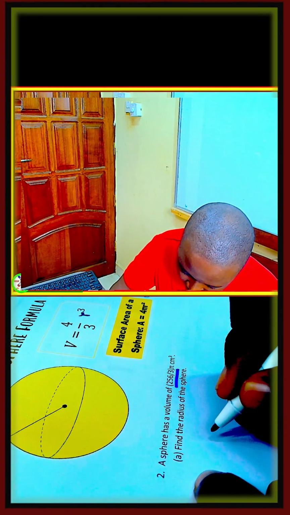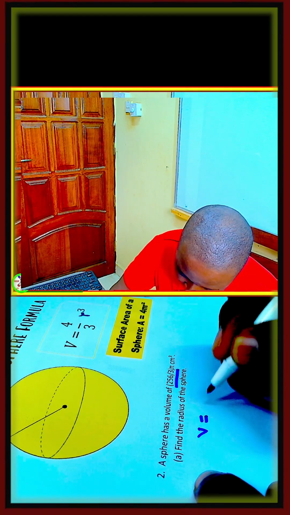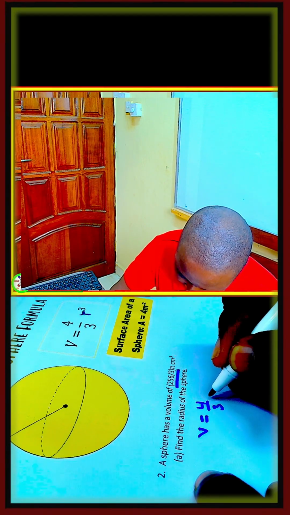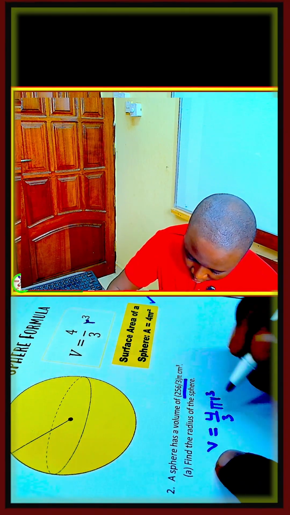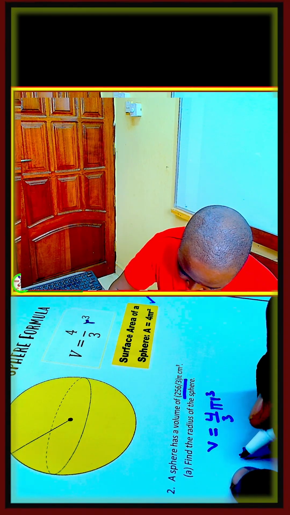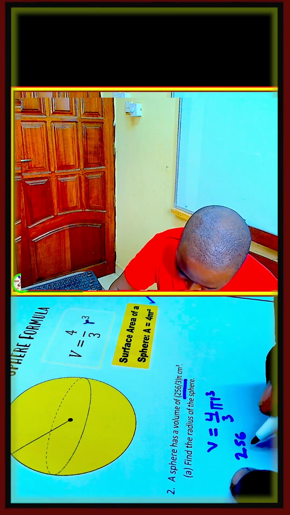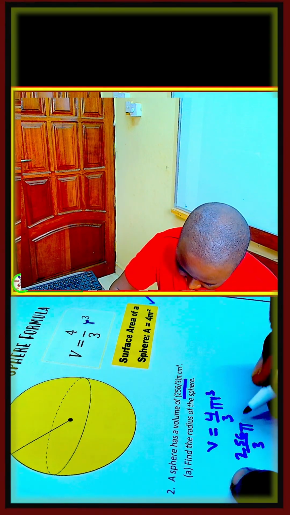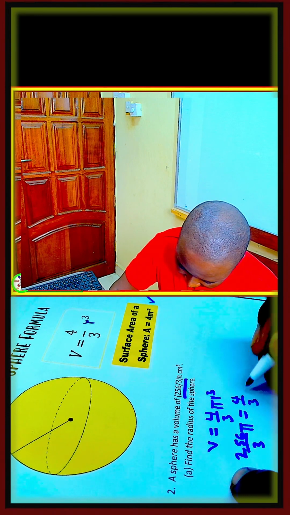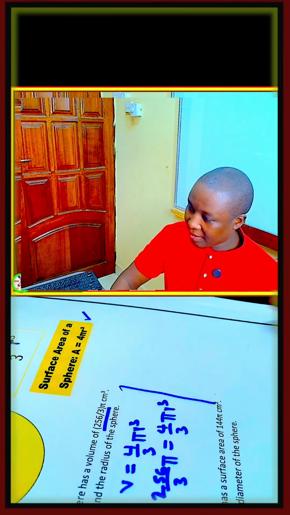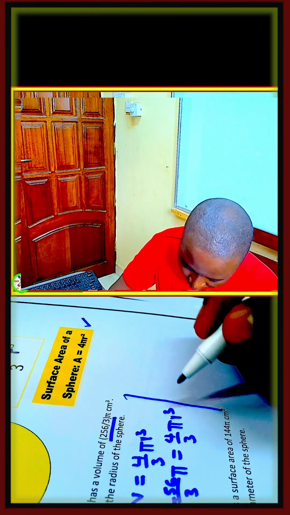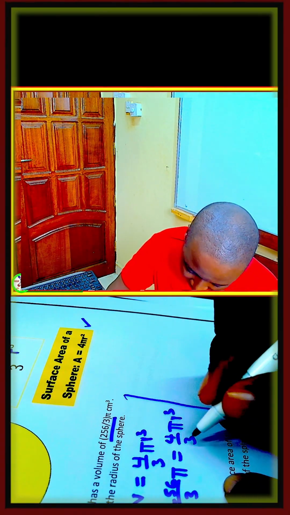How do we find the radius when you are given the volume? First we are going to write the formula for volume, which is 4 over 3 pi r cubed. In this case, we are going to substitute what we are given, which is 256 over 3 pi equal to 4 over 3 pi r cubed. So in order to find the radius, we are going to divide both sides by 4 over 3 pi.